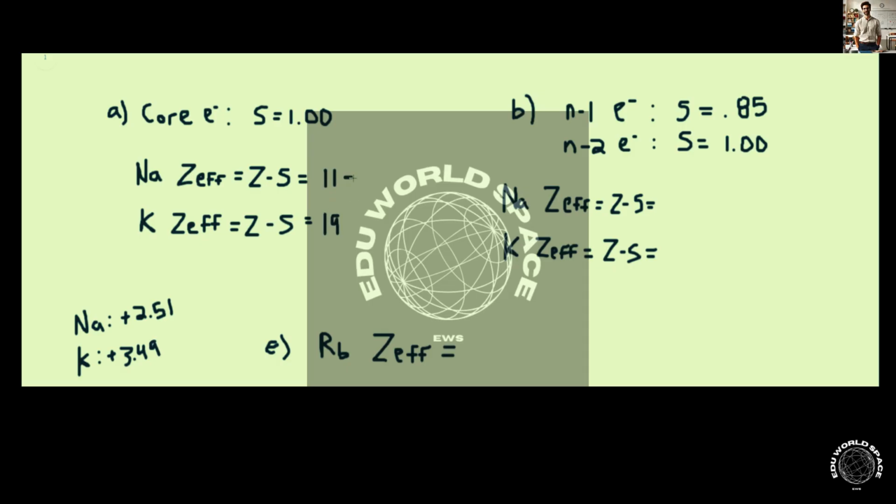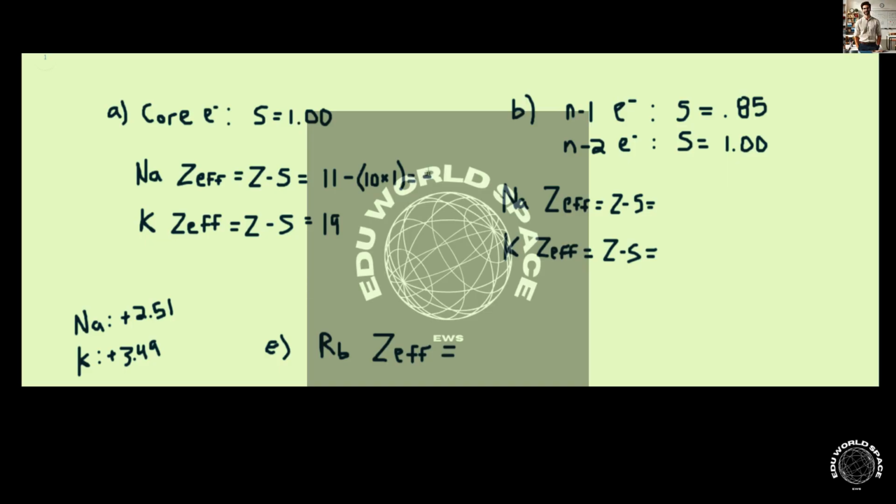So Z is just the number of protons, and for sodium that's 11, potassium it's 19. And the number of core electrons for sodium is 10. So I'm going to write minus 10 times 1, because it tells us that's what S is for the core electrons.